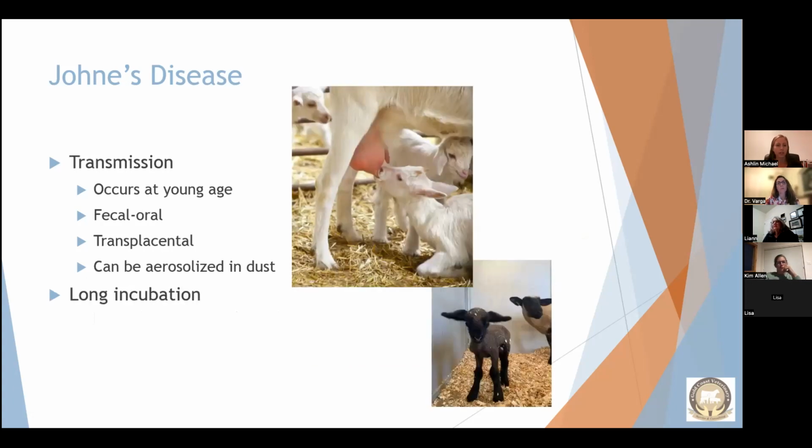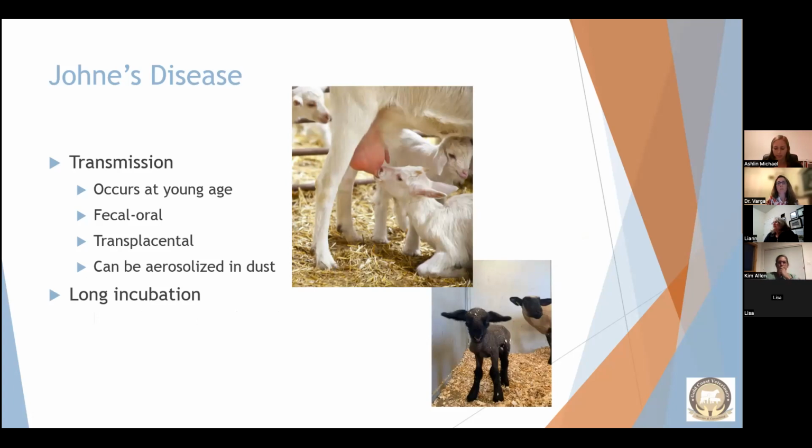The transmission typically occurs at a young age. The route is fecal oral. In some cases, if the dam is in the advanced stages, it can cross the placenta. In rare cases, it can be aerosolized in dust. The susceptibility does decrease with age, but there is a long incubation period.